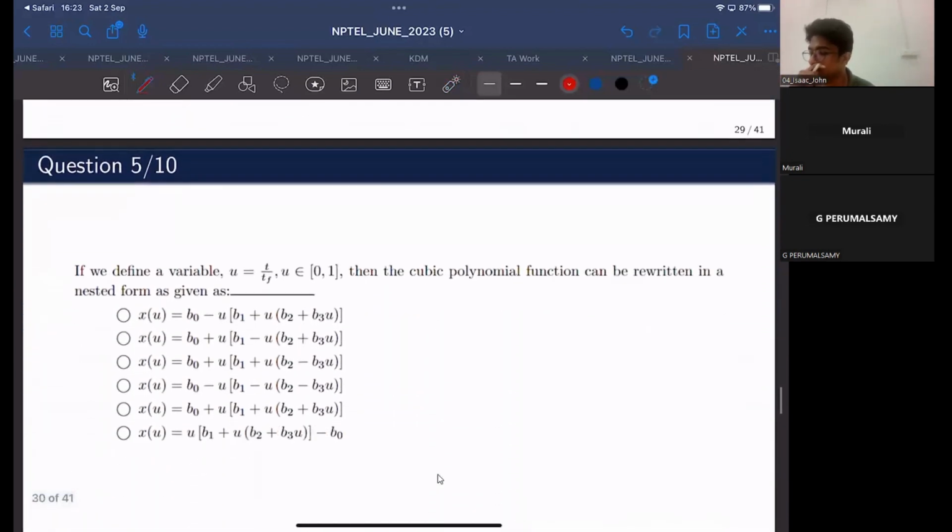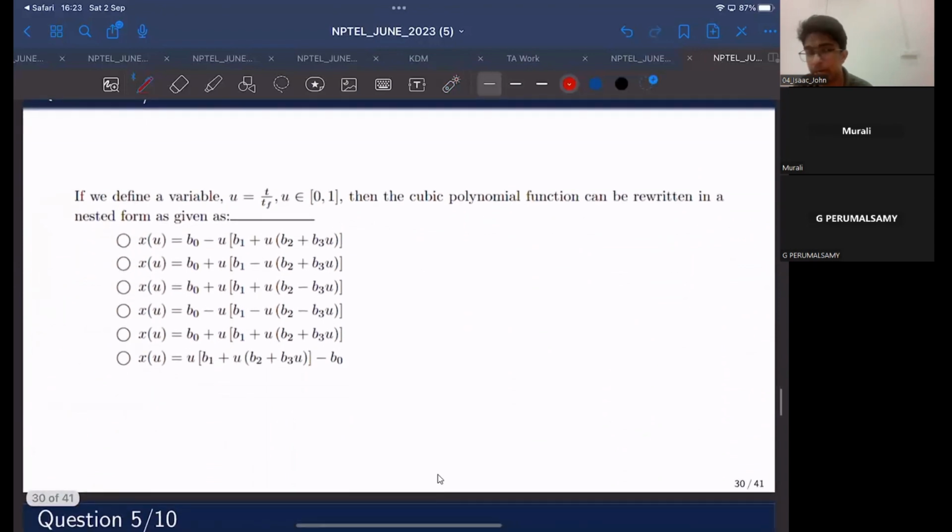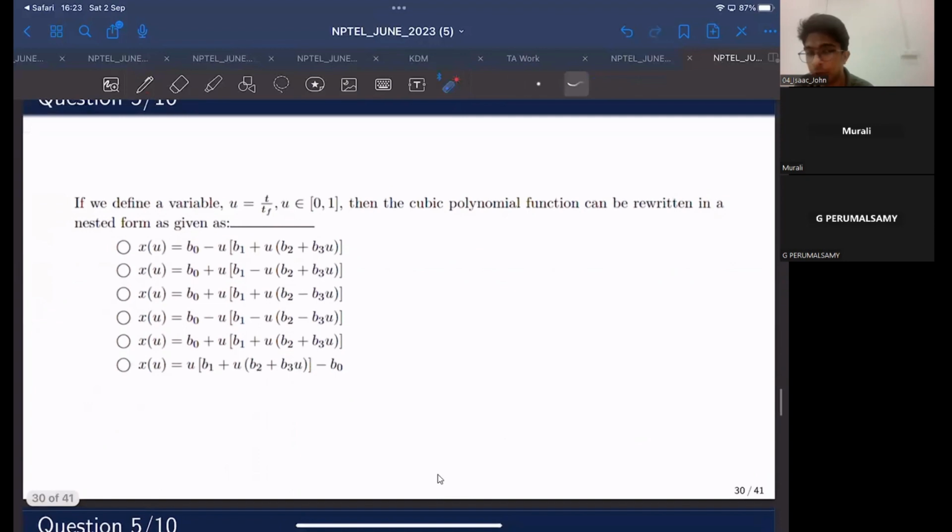Okay, so this is something that you might have come across in the lectures. We'll read the question carefully. It says, if we define a variable u as t by tf, where u is within the closed interval of 0 and 1, then the cubic polynomial function can be rewritten in a nested form as.